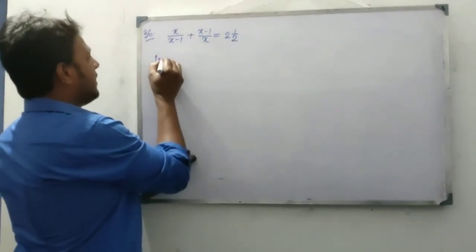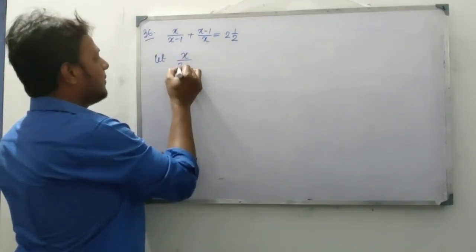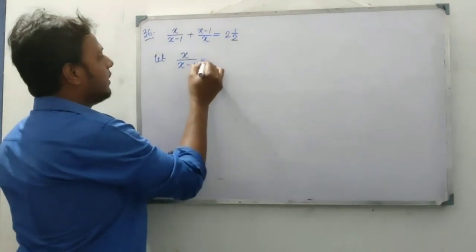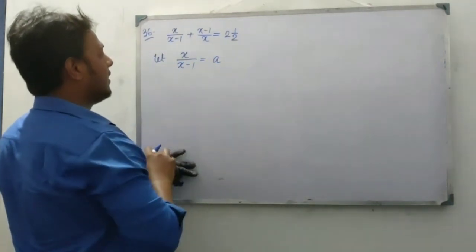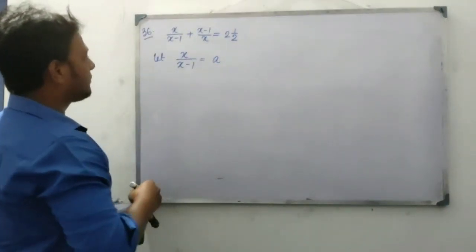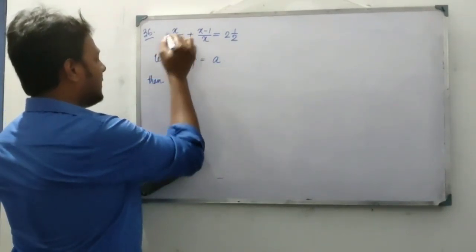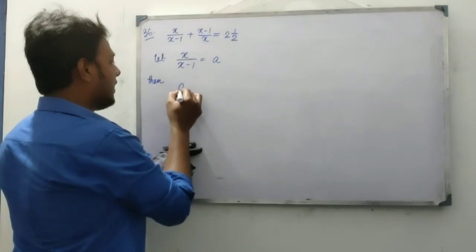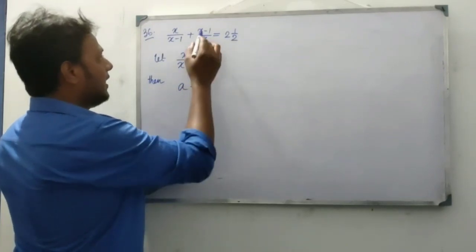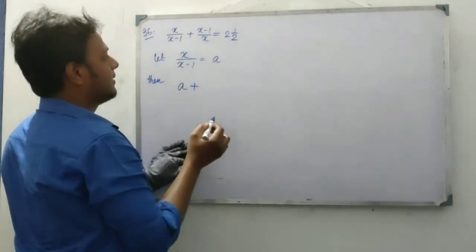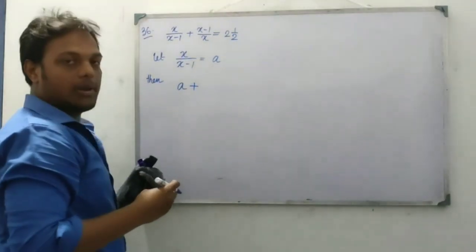Just let x by x minus 1 equal a, a new variable. Then the first term will be a, and in the place of x minus 1 by x it will be 1 by a.